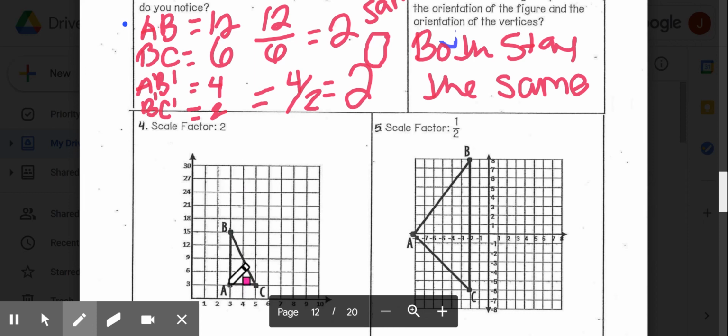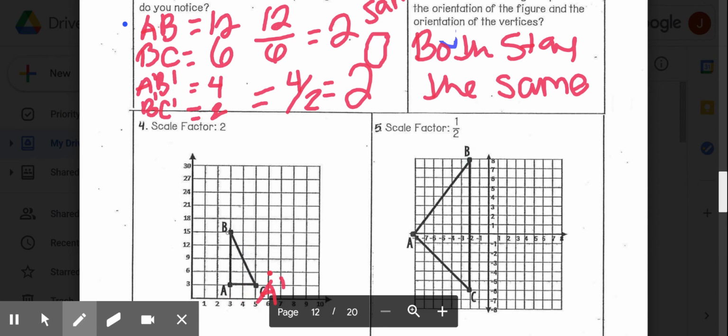So here, 3 times 2 is 6, so that x-coordinate becomes 6. And since the y-coordinate of A is also 3, 3 times 2 is 6. So the image of the point 3, 3 is going to be at 6, 6. So A prime is going to be at 6, 6. B prime, you can see we have at the point 3, 15.